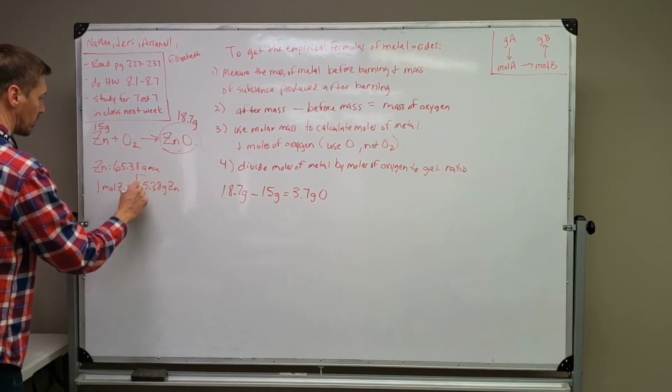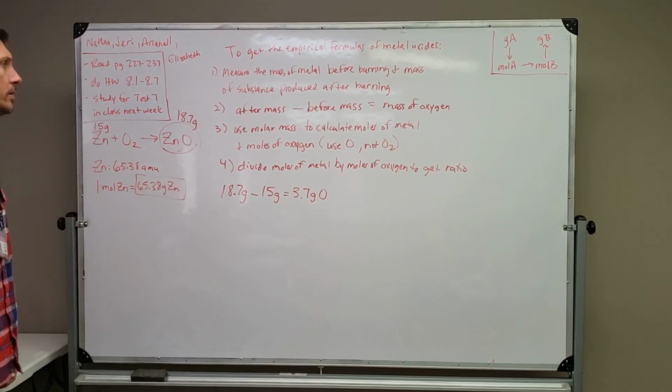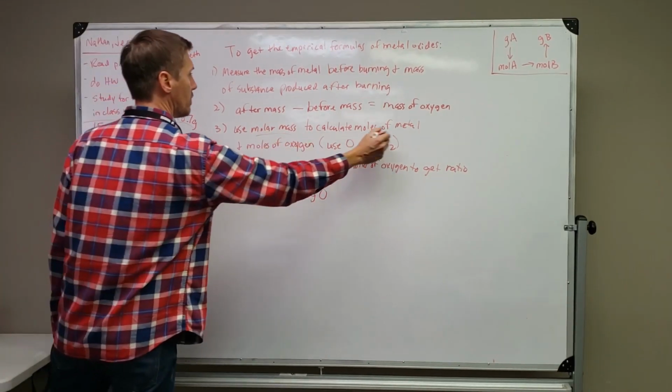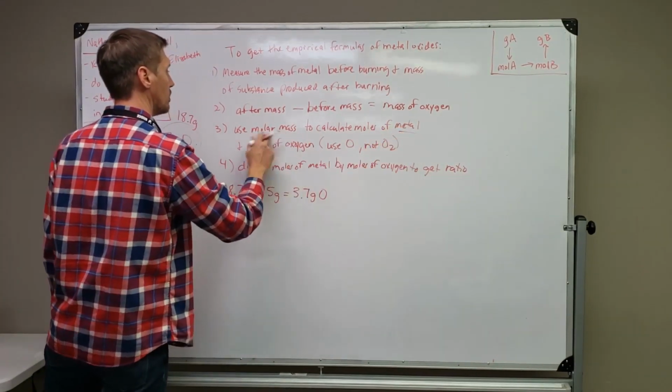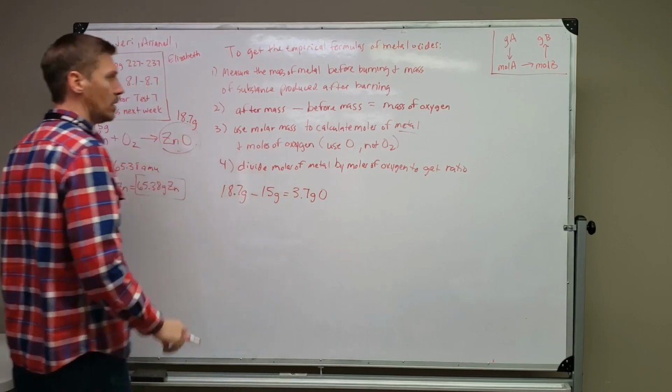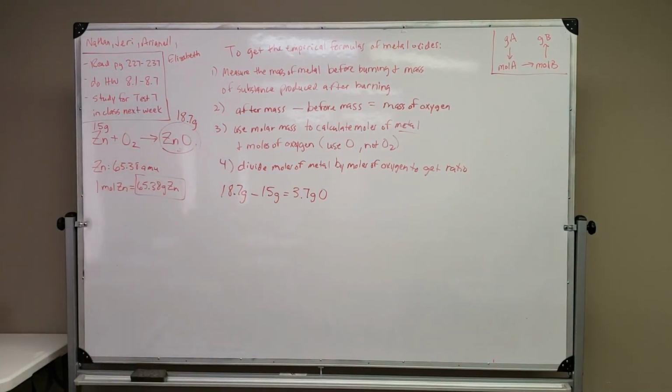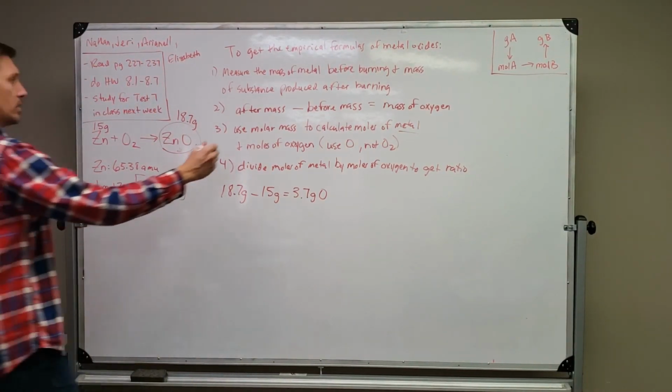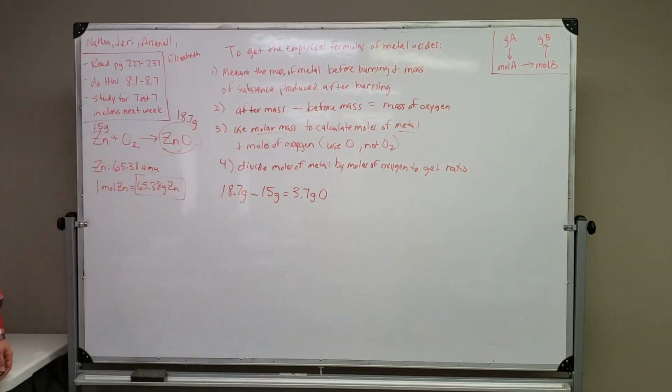So that's our molar mass right there, the molar mass of the metal. But what we're trying to find out is the moles of the metal. So we can use this now to figure out the moles.